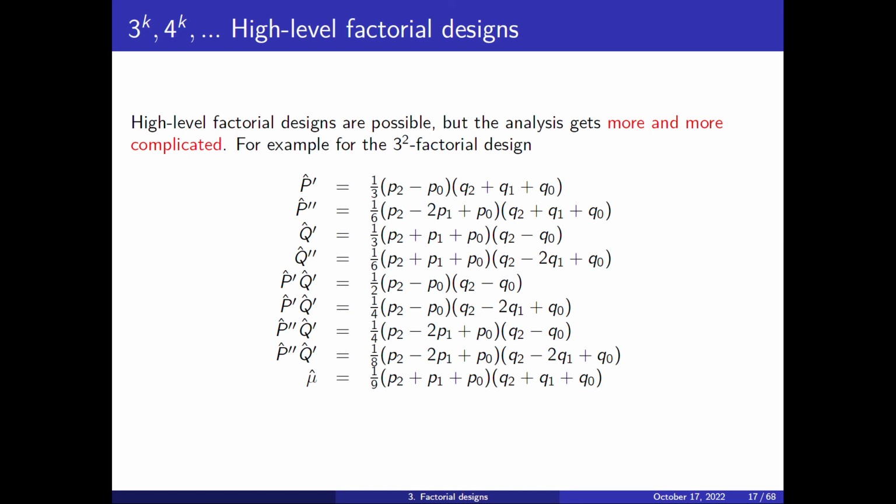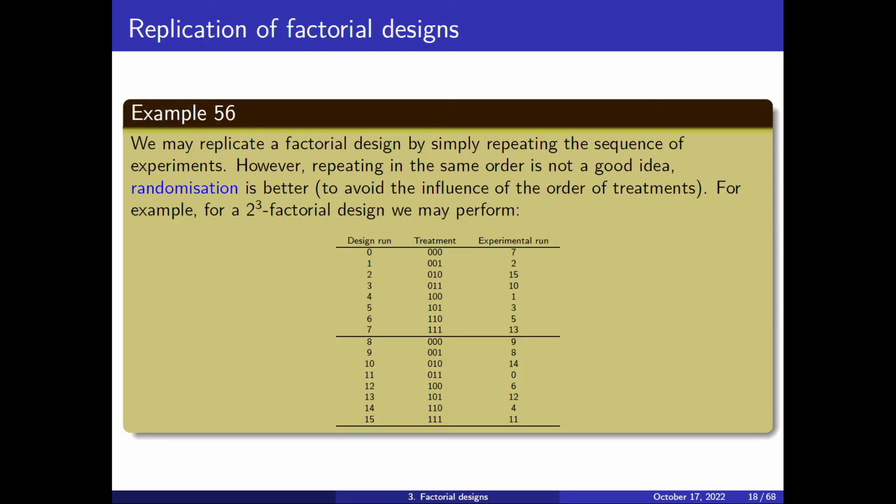These ideas can be extrapolated to more complicated factorial designs with 3 levels, 4 levels, and so on, where we have similar formulas for estimating the different effects of each one of these factors. If you have to replicate a factorial design, don't forget to randomize.